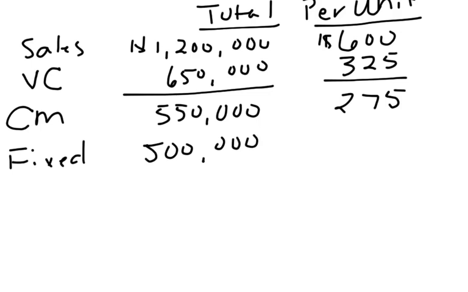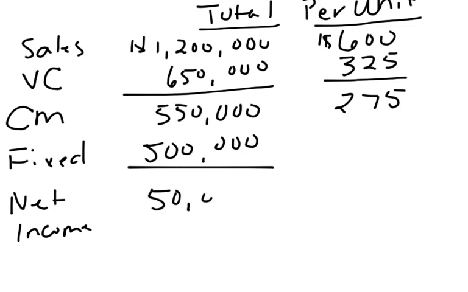Don't worry about per unit because these are fixed. You don't do these on a per unit amount. So the difference here would be any type of net income or net loss. We have a positive still, so we have net income of $50,000. So that contribution margin again helps me know if I can cover all the fixed costs or if I'm going to have some profits. It's a good tool to use.